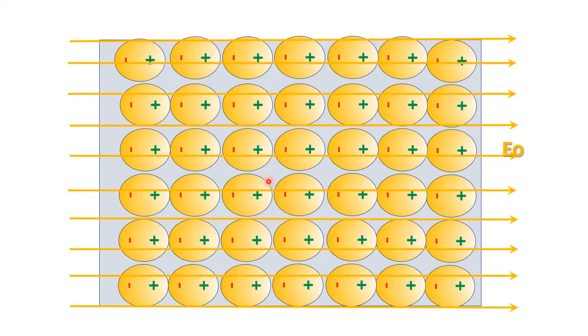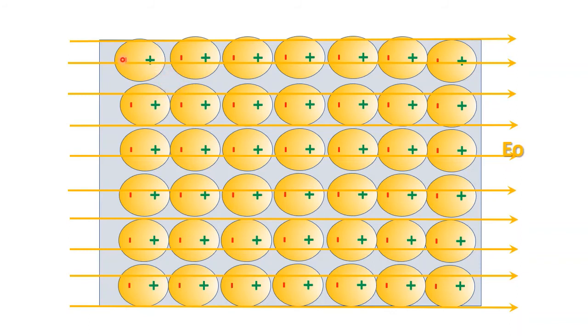Let us see how the polarized dielectric modifies the original external field inside. Inside this material, we can say there is no net charge. This is because the positive side of one dipole is very close to the negative side of the other dipole. So the charge gets neutralized here.